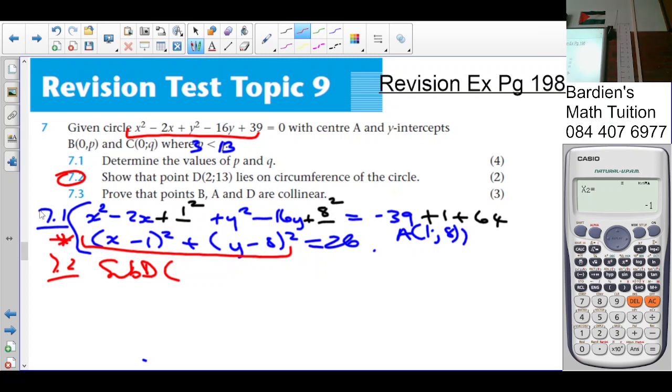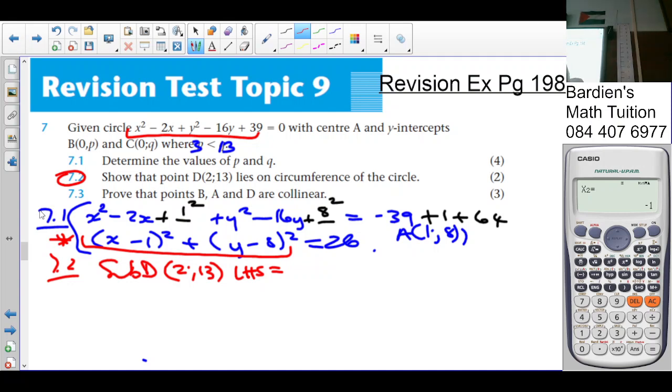If the answer after substitution in the left hand side is equal to 26, it lies on the circumference of the circle. If it's less than 26, it lies inside the circle. If it's more than 26, it lies outside the circle. You guys understand?